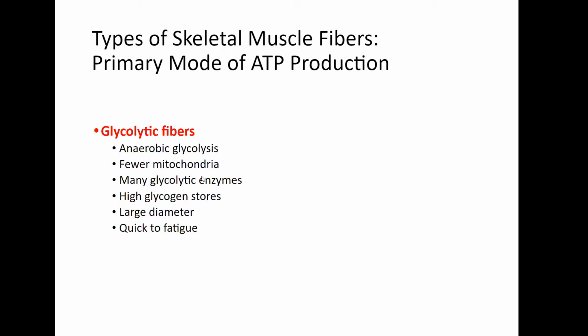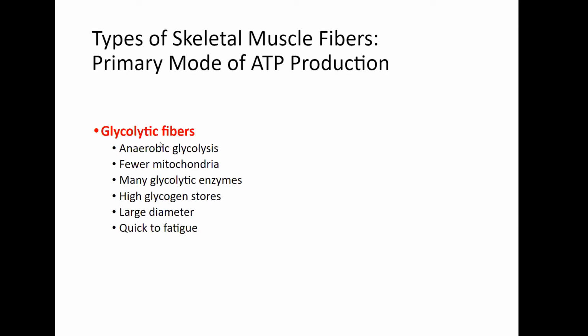If that's the main way we're getting energy, we're going to want those enzymes. We also see high glycogen stores in glycolytic fibers. So we're quickly pulling apart those glucose molecules so that we continually have supplies of glucose to break down to get our little 2 ATP.